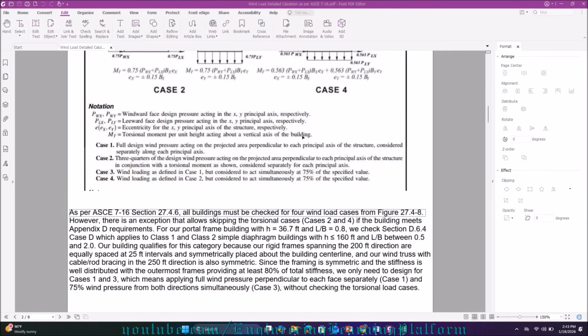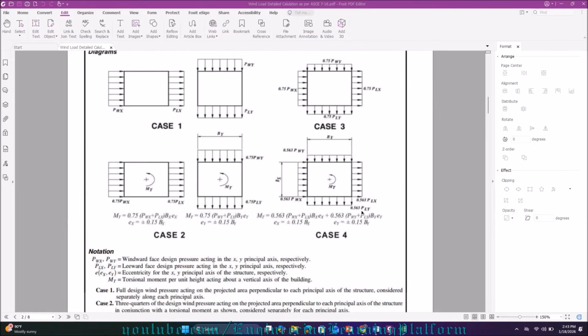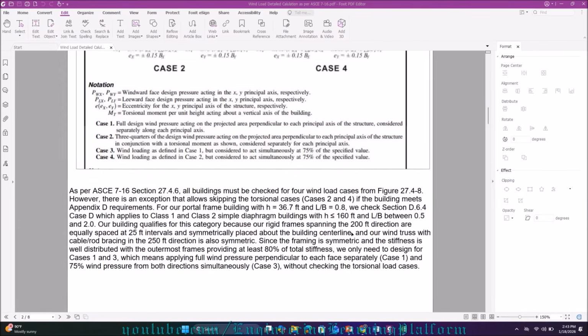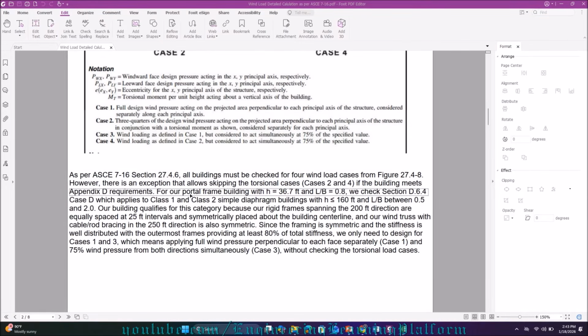However, there is an exception that allows skipping the torsional cases, that is case 2 and case 4, if the building meets Appendix D requirements. You can go and check the ASCE 7-16 code and that appendix. If your building meets that requirement, then you can skip case 2 and case 4.